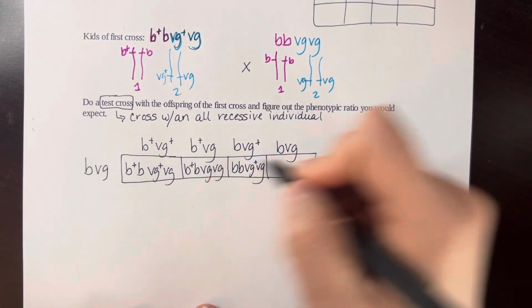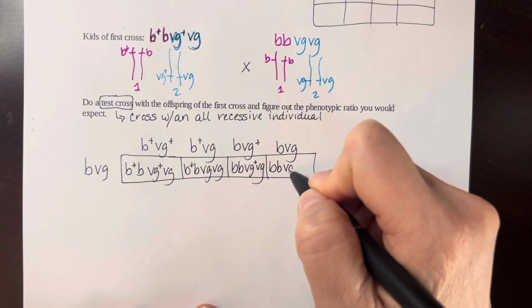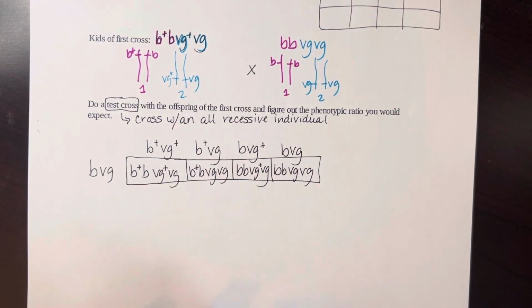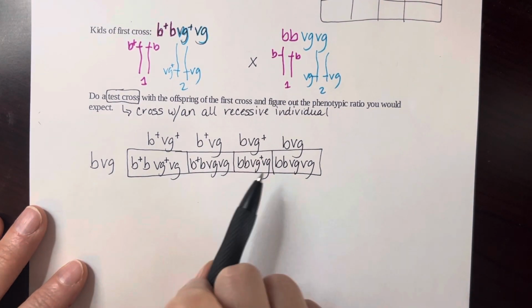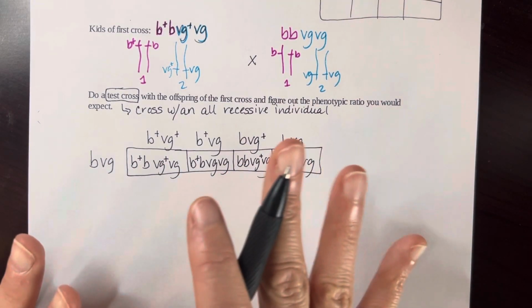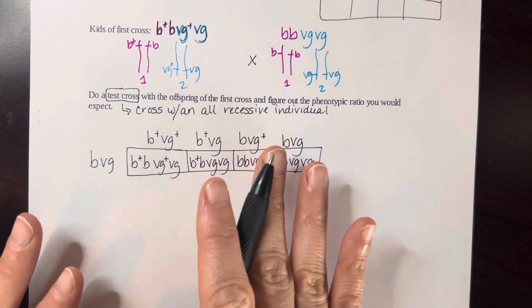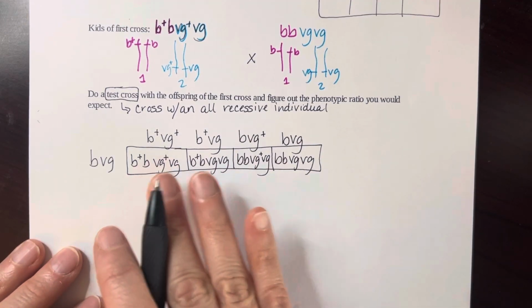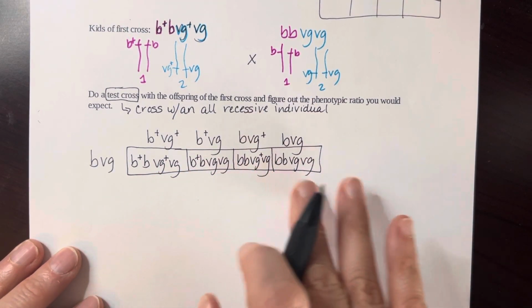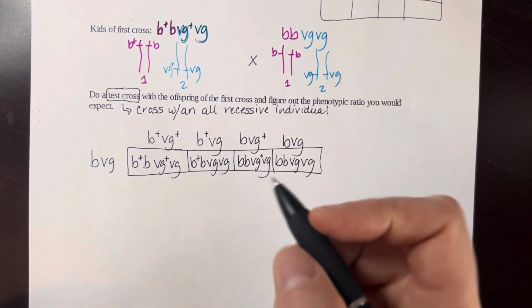And lastly, B, VG, VG. So notice here, what I want you to do, if I were you, I would pause this and do the phenotypic ratio. So what ratio would you get? What would these guys look like, just for practice on that?